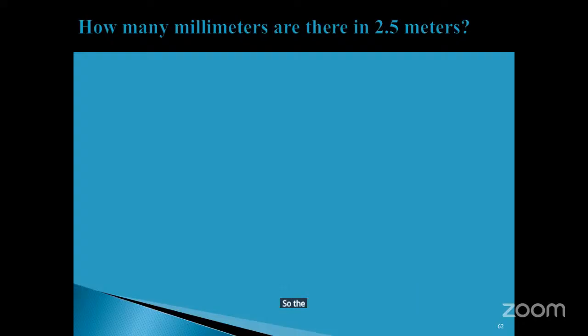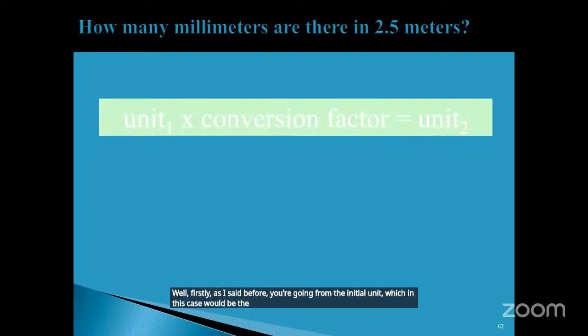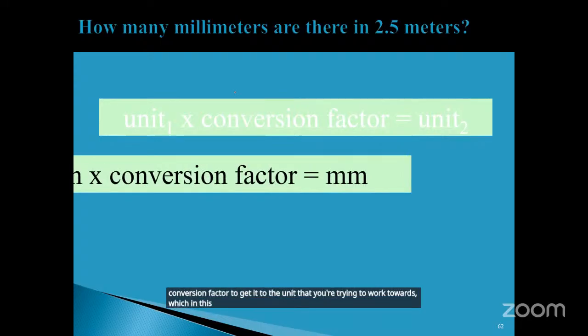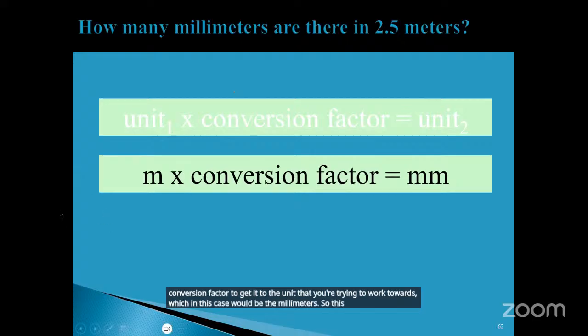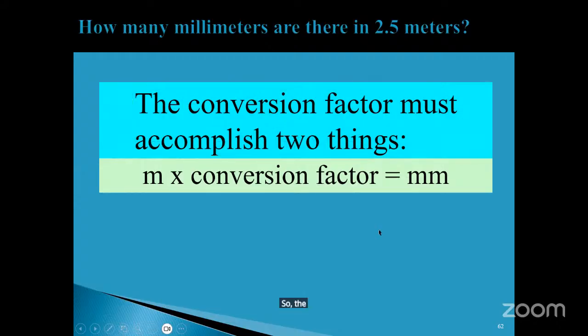So the way you go about doing this is that, firstly, as I said before, you're going from the initial unit, which in this case would be the meters, and then you're going to multiply by a conversion factor to get it to the unit that you're trying to work towards, which in this case would be the millimeters. So this is basically showing you how the setup is, meter unit multiplied by the conversion factor to give you the units in millimeters. So the question is, what would be the conversion factor?